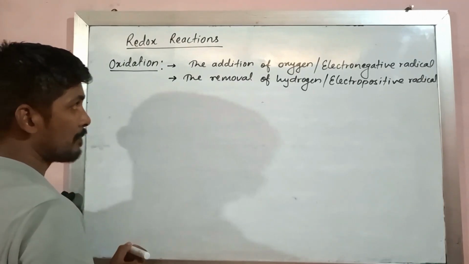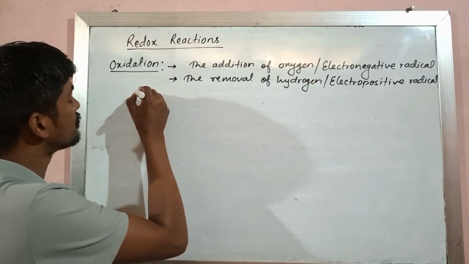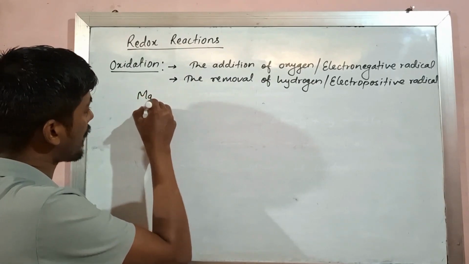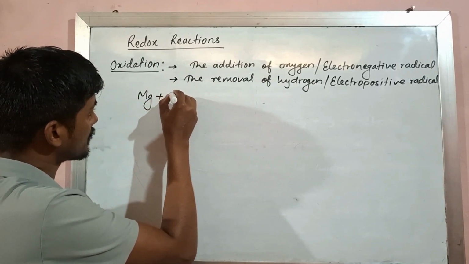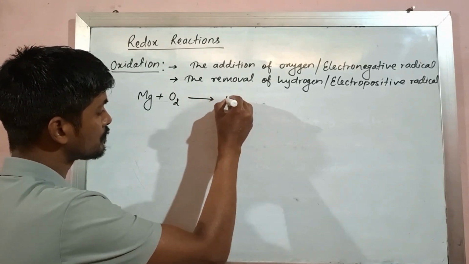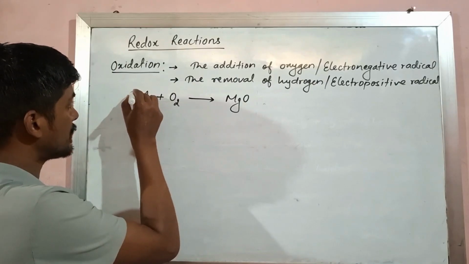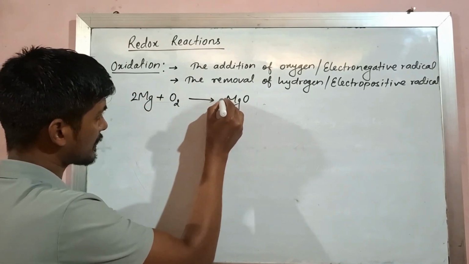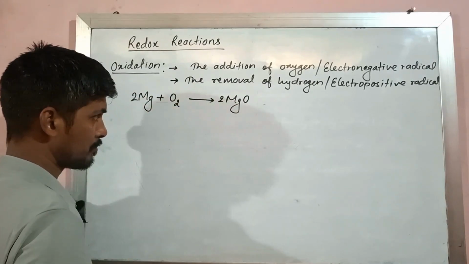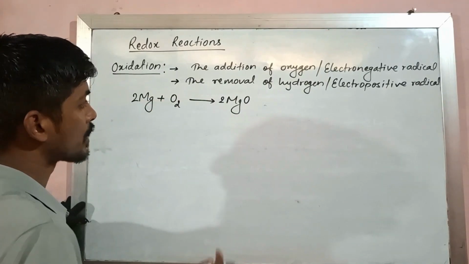Let us take some examples of addition of oxygen. Magnesium reacts with oxygen to form magnesium oxide. Here, oxygen is added to this magnesium, so this is called oxidation.